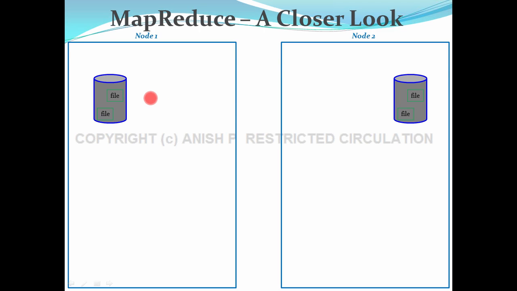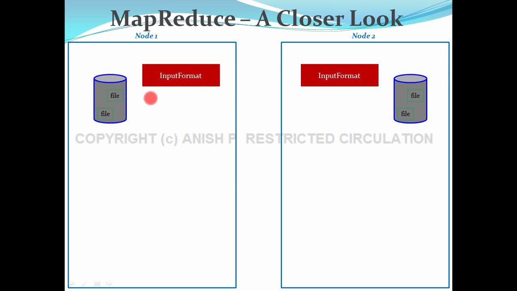Now here is how my mapper runs. Firstly the component that comes into the picture is the input format. Input format is the class which defines the input split. It tells the mapper to read the data from the split, because my mapper will get the data from the split. The record reader also gets the data from the split before it presents the data to the mapper.